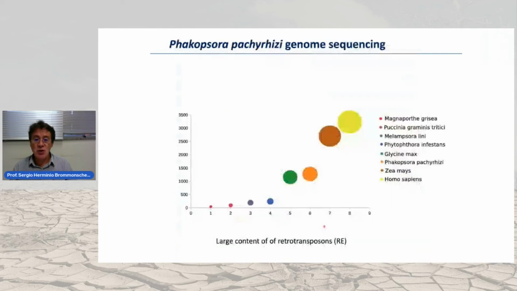So that's the consortium. Just to give an overview, Phakopsora has a very large genome. Compared to Magnaporthe, it's just small here. The genome size of Phakopsora is almost the genome size of soybean, around 1.1, 1.2 gigabases of DNA.